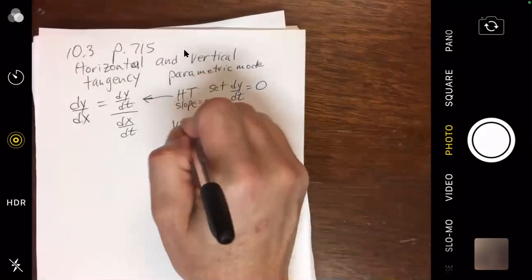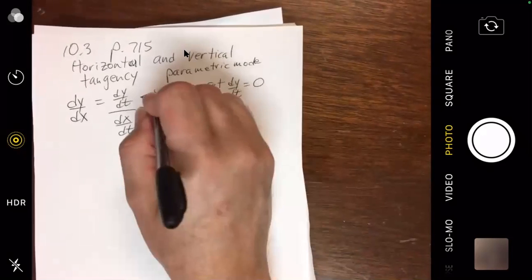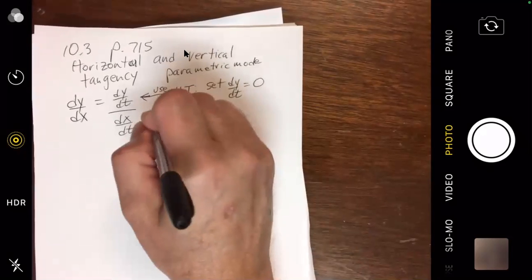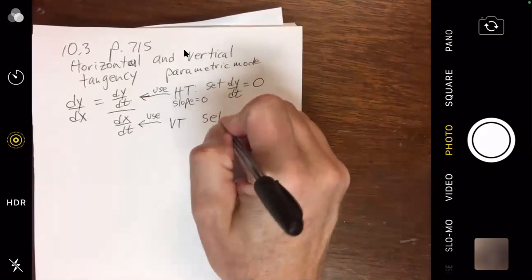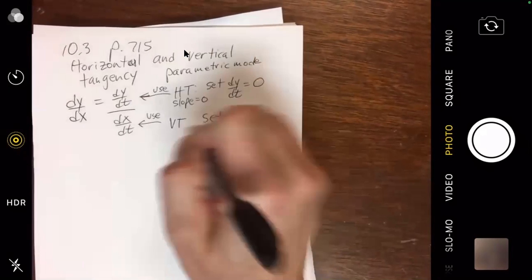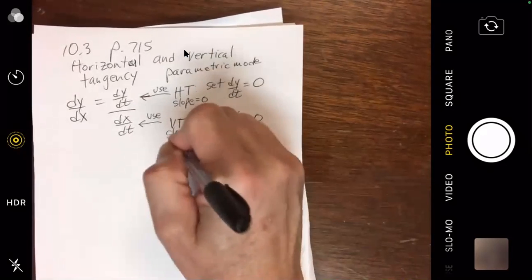For vertical tangency, you're going to set dx/dt equals 0, because your slope is undefined.